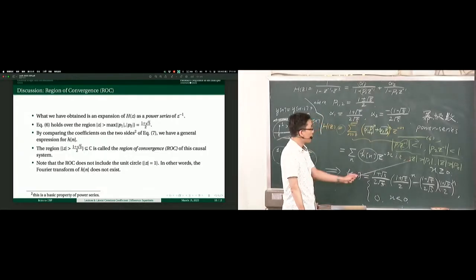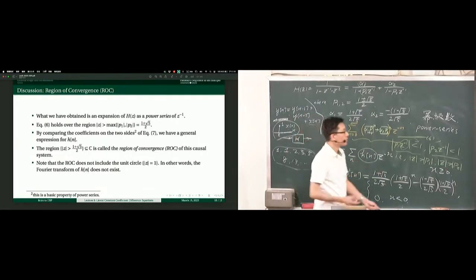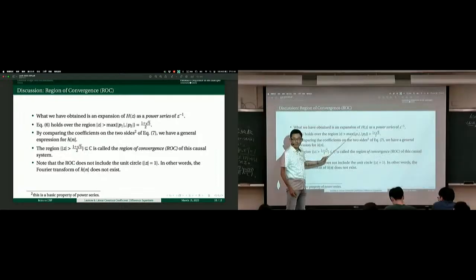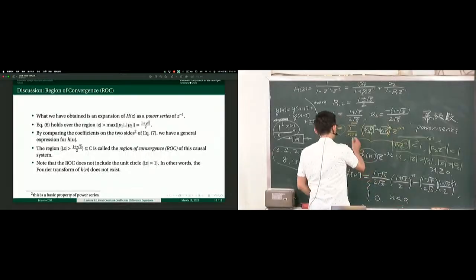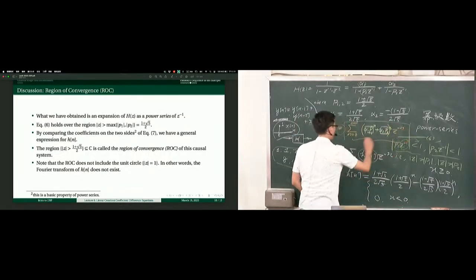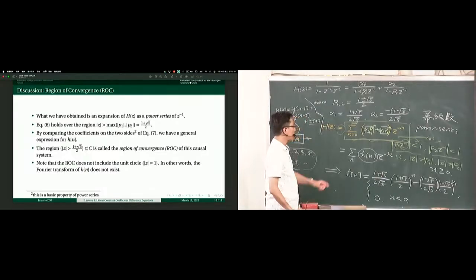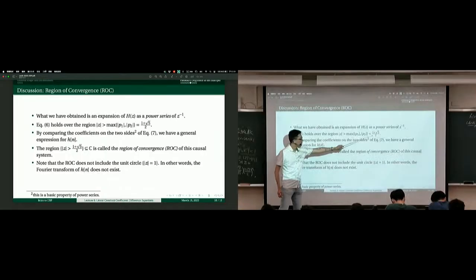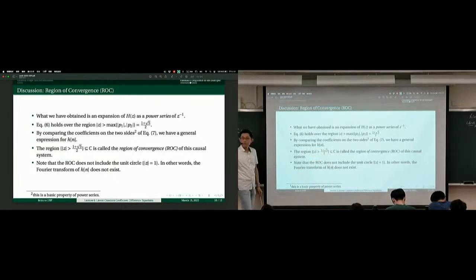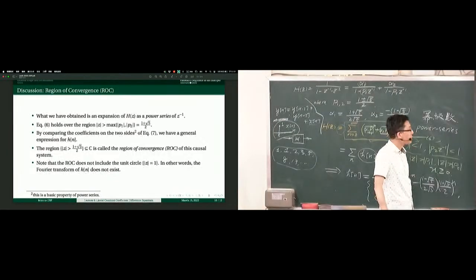In other words, z has to be greater than both of them, or greater than the bigger one of the two, which is 1 plus square root of 5 divided by 2. In order for us to go from there to here, this is only true in a region where the absolute value of z is greater than this radius of 1 plus square root of 5 divided by 2.